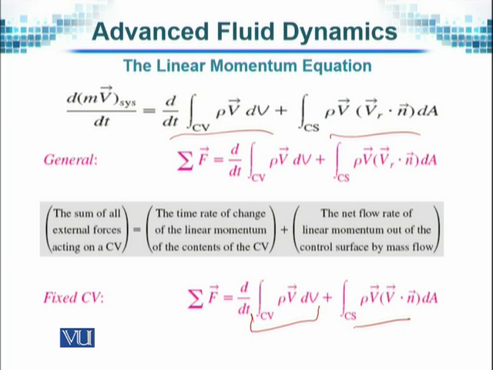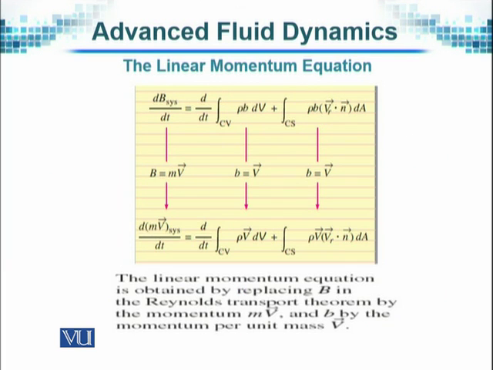The two things have to be taken care of if we want to calculate all the forces occurring there. We make use of the Reynolds transport theorem that we discussed some time ago, and the same equations are shown here. The methodology is exactly the same, and I have discussed this with you already.